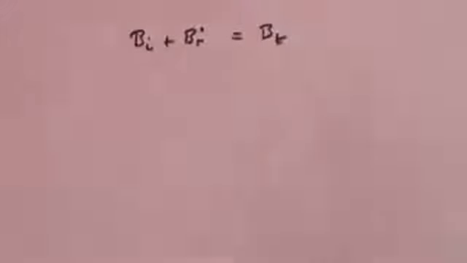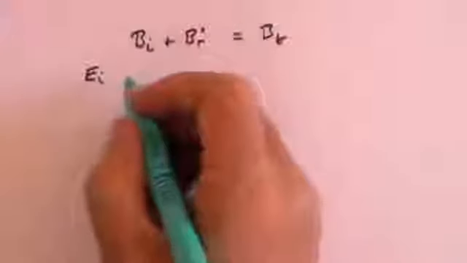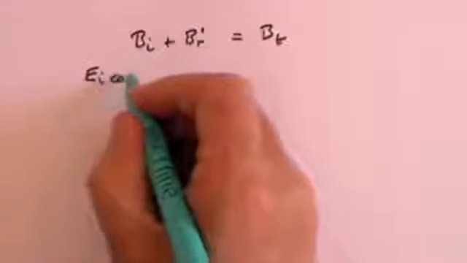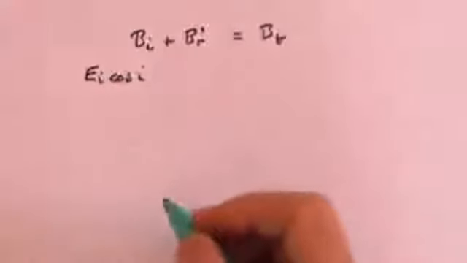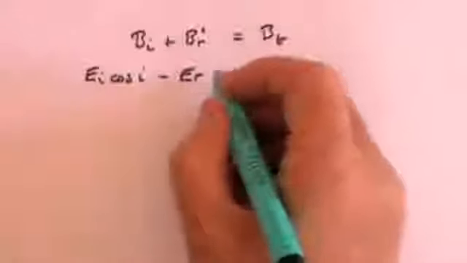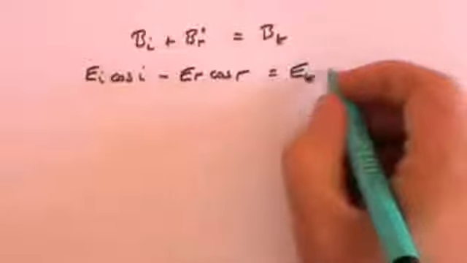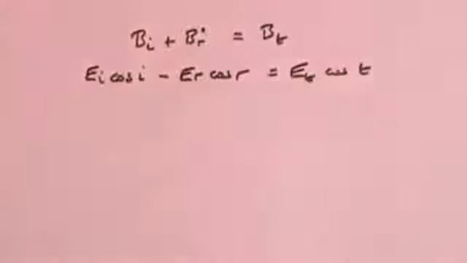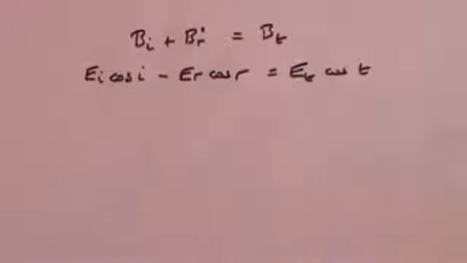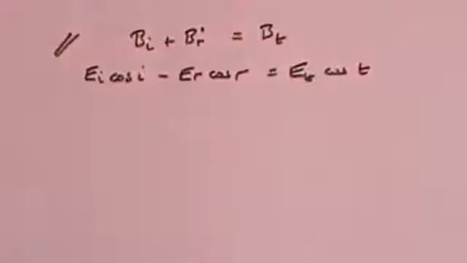So the incident parallel E field will be EI, and then the parallel one, or the horizontal one, you remember, uses the cos term, cosine I, minus ER, because it's in the other direction, of cosine R, equals ET of cosine T. That's the same principle that we used earlier when we were looking at the perpendicular E field, but now, of course, we're looking at the parallel E field. It's the E field that's parallel to the paper.